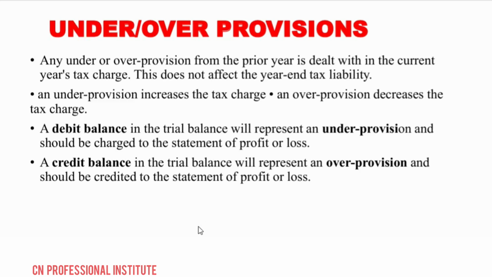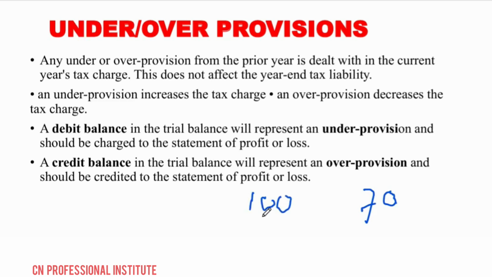I'm following. So the 30,000 is over provision because the tax authorities are saying you have to factor in 70. They said you have to pay 70. You have made provision of 100,000.